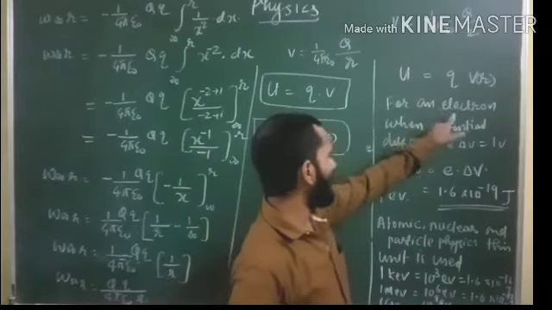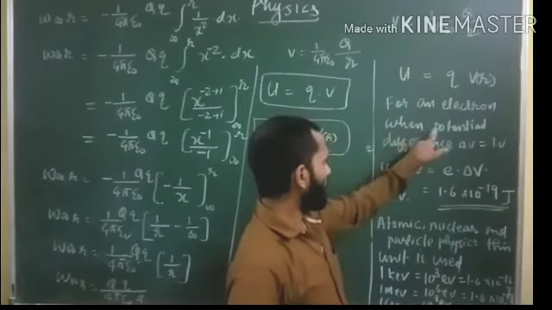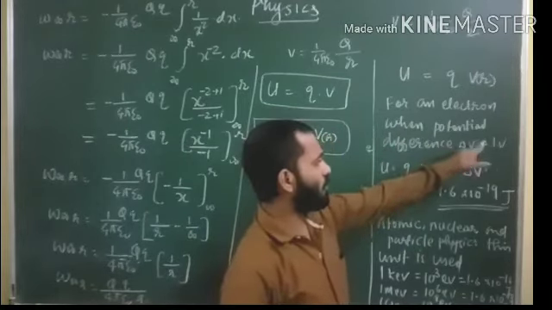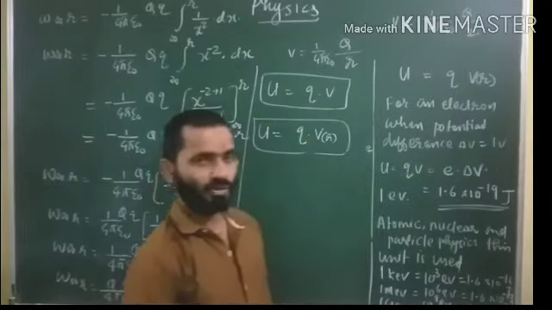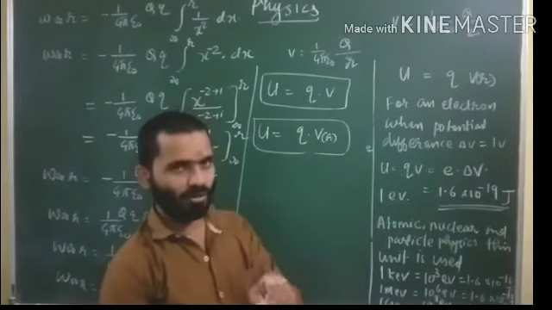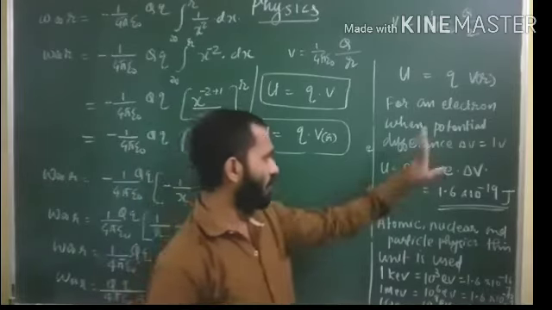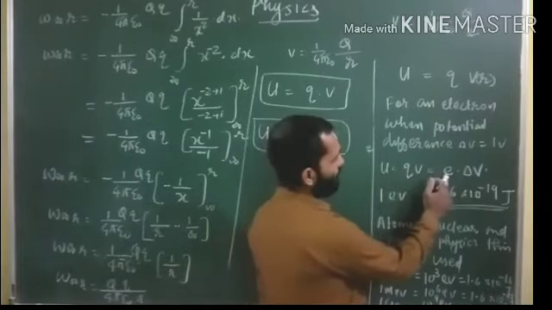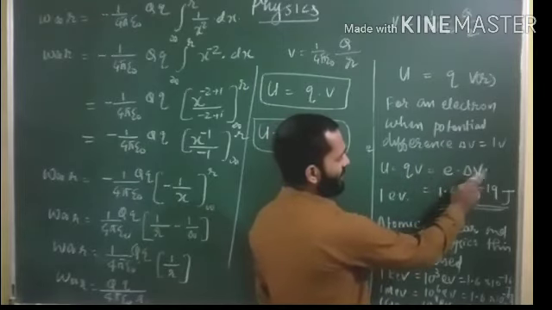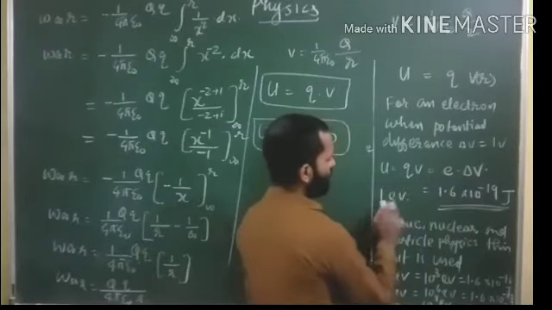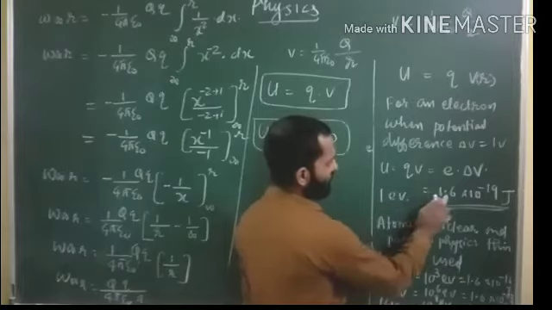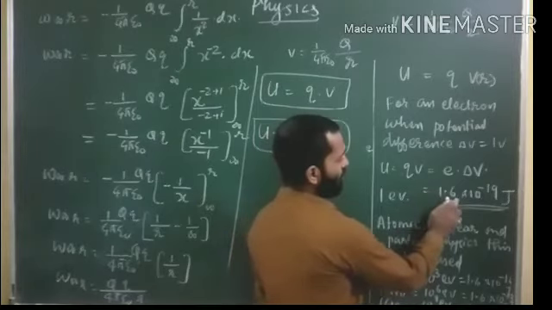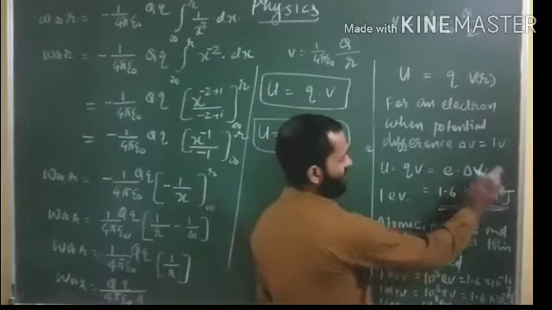So for an electron, when the potential difference delta V equal to 1 volt, we are taking the charge as 1 electron. Then U equal to q into V, that will be equal to e into delta V, and delta V equal to 1. So U will be equal to 1.6 into 10 to the power minus 19 joule.